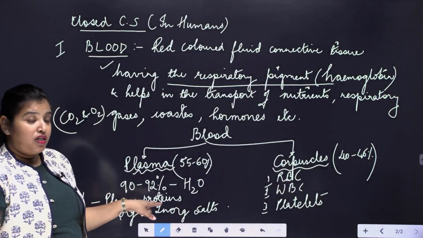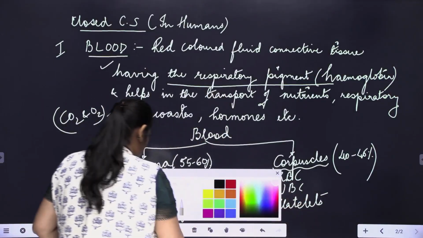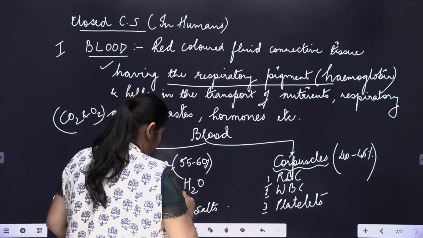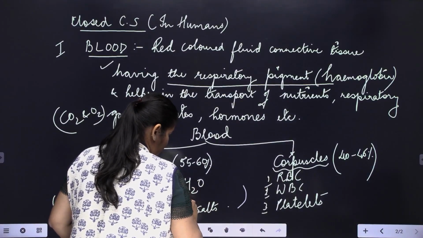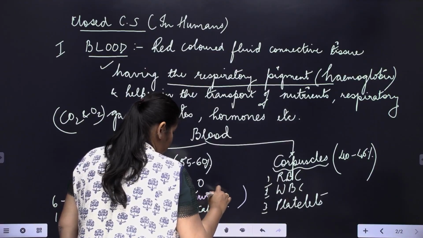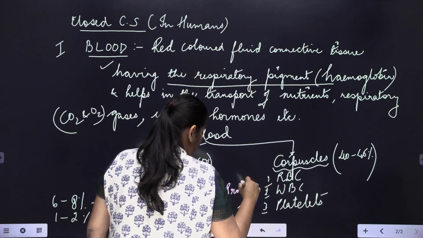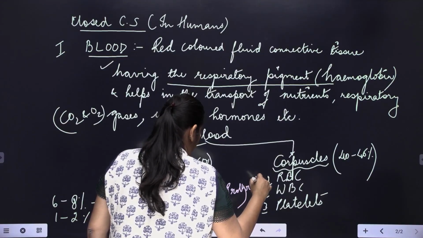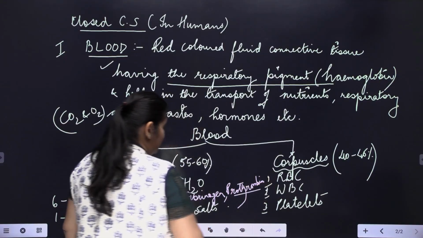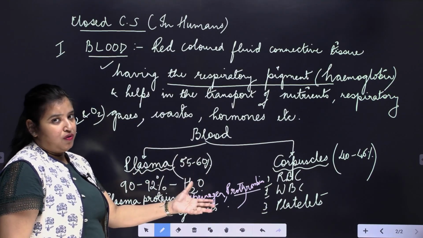Yes, plasma proteins, I would like to add the names here. The names of the plasma proteins are fibrinogen, prothrombin. If you can remember these names, it's good for you. So you can write this as a flow chart.